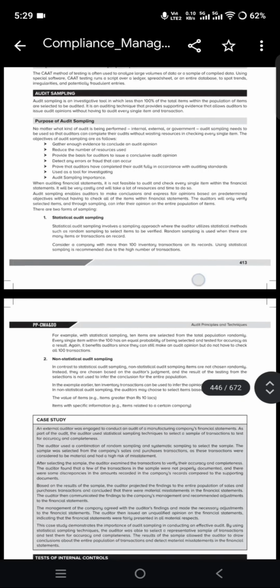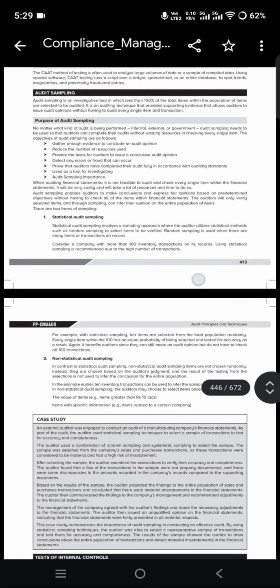Next, there are two primary purposes: shortening the audit process and providing additional audit evidence. These are the two purposes for which we use internal controls. Types of audit tests of internal controls: there are the below types of internal control tests.